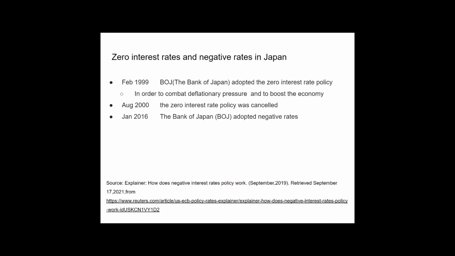Until 2016, in order to prevent an unwelcome strengthening of the yen from hurting an export-reliant economy, the Bank of Japan adopted a negative interest rate policy.